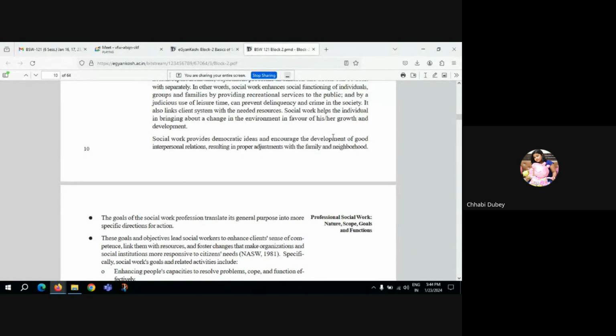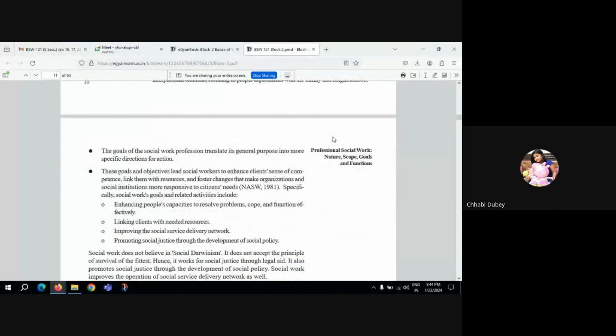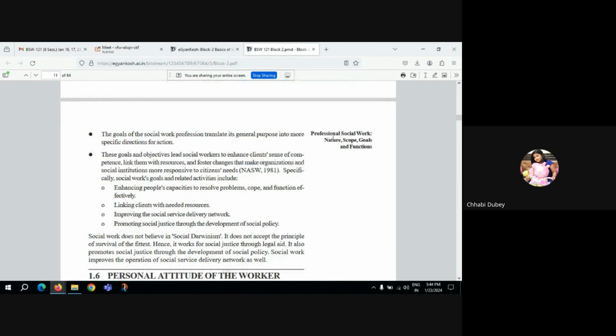Thus we can say that the goals of the social work profession translate its general purpose into more specific directions for action. These goals enhance a client's sense of competence, help link them to resources, foster change, and make organizations and social institutions more responsive to the needs of individuals.